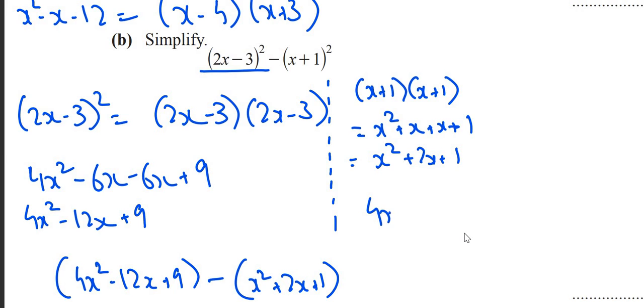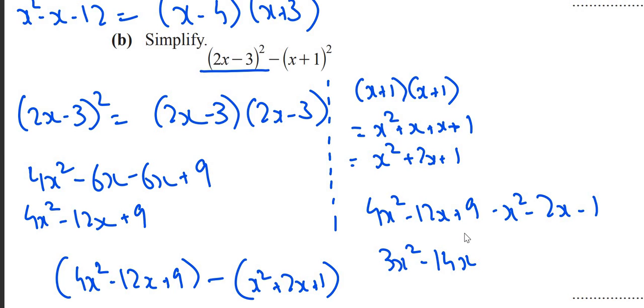So 4x² − 12x + 9 − x² − 2x − 1. 4x² − x² is 3x². −12x − 2x is −14x. 9 − 1 is +8. So this will be your answer.